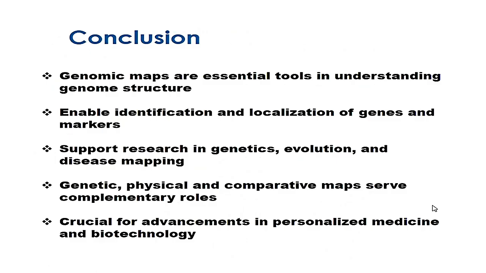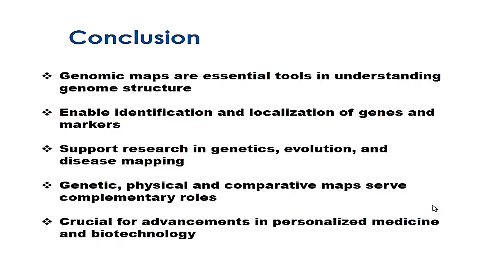So now we can conclude like this: genomic maps or genetic maps are essential tools in understanding genome structure of various species. They enable identification and location of genes and marker genes on the chromosomes. They support research in genetics and molecular genetics as well as evolution, and especially in disease mapping.